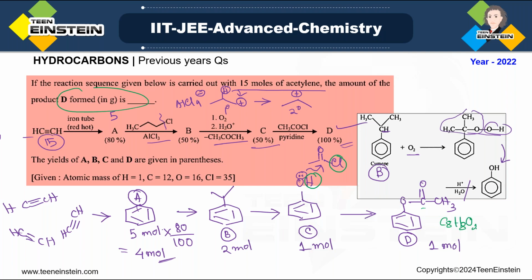And we have 2 oxygen atoms. So C8 means 96, that is 8 into 12, then 8, and then 32. So the total mass will be 136 gram. And that is actually your answer, because the number of moles is simply 1 mole. So the answer should be 136 gram. It is asking in terms of gram. So this is the answer, 136.